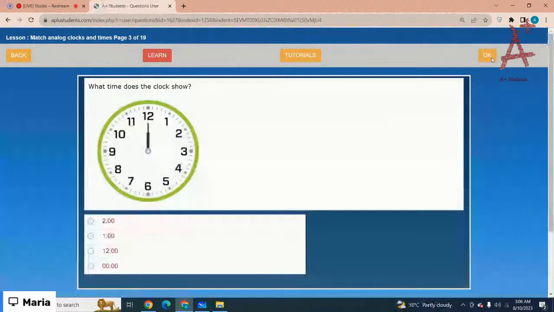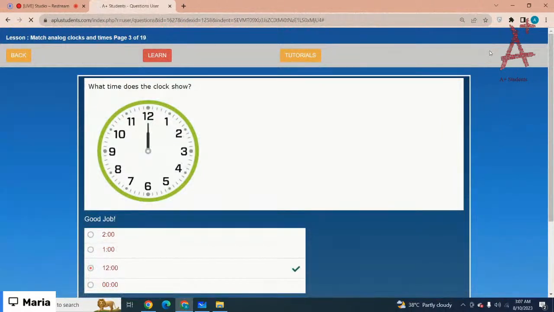That means it is 12 and 0 minutes. So option number 3 is the correct option. Just look at both the hands carefully.